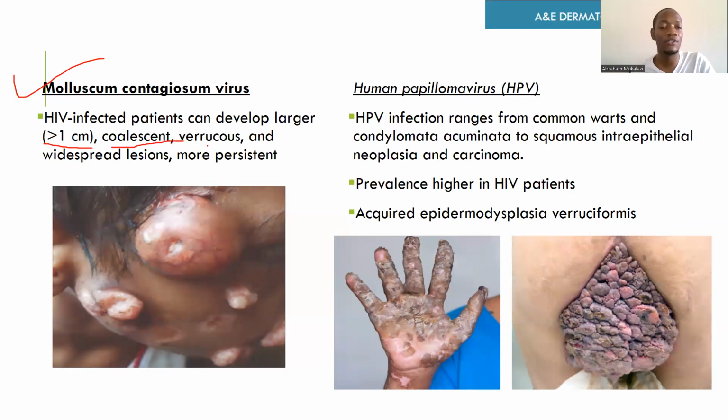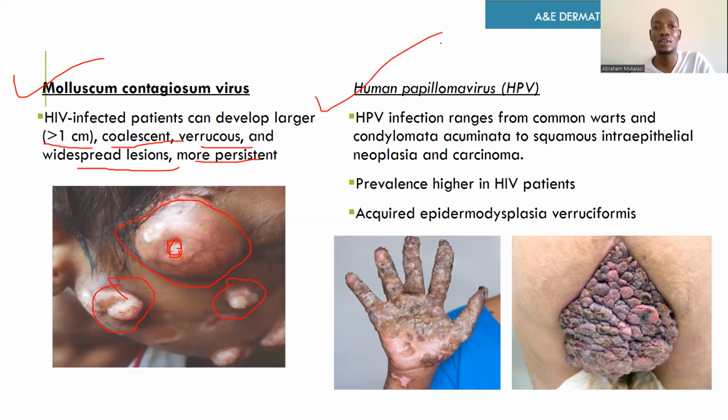Some of them coalesce to form verrucous plaques and widespread lesions, which are very persistent and stubborn to treatment. As you can see in this picture, this is a very giant singular molluscum, which can even simulate a basal cell carcinoma. You see this giant molluscum with molluscum bodies and this whitish umbilication at the center. But in a patient living with HIV, it becomes severe.